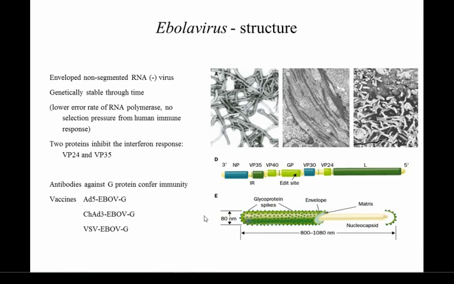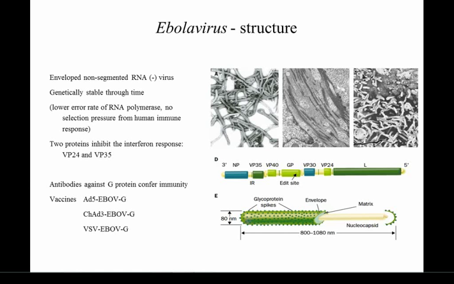Now, one of the reasons why this is probably going to work and be effective over a long time period is because Ebola viruses are quite stable through time genetically. And that's because they don't circulate continually in the human population.